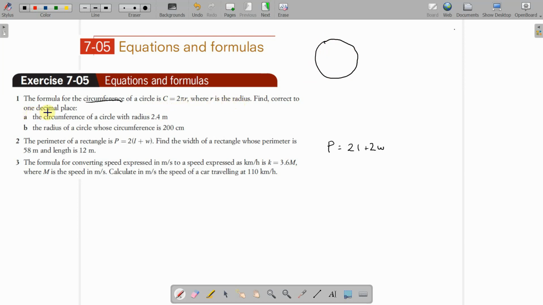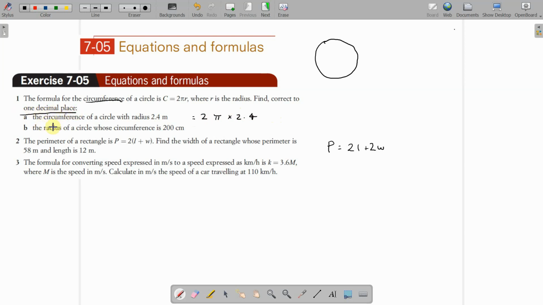Correct to 1 decimal place. So all we do for this first one, finding the circumference, is use a calculator: 2 pi times 2.4, and correct to 1 decimal place.